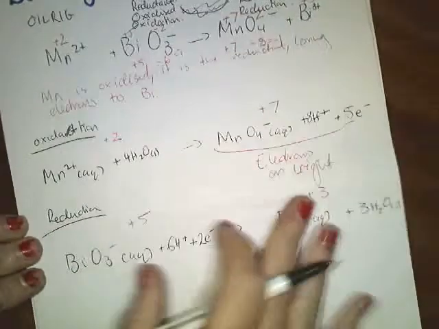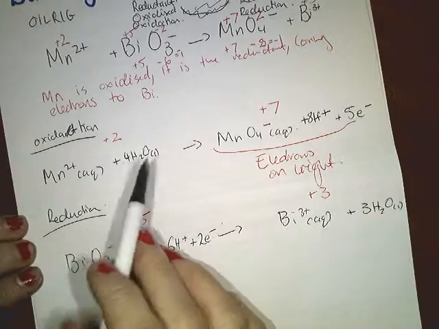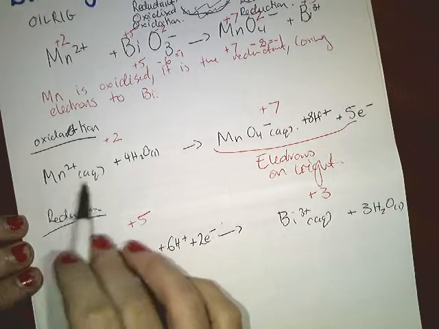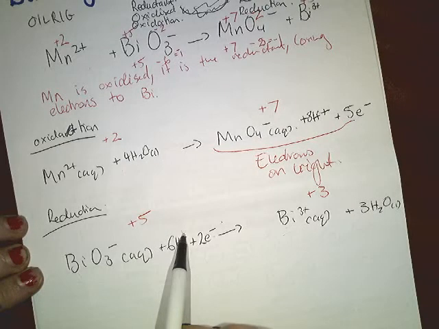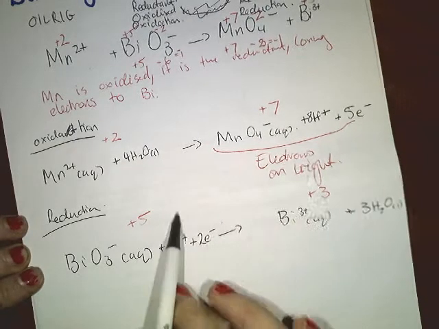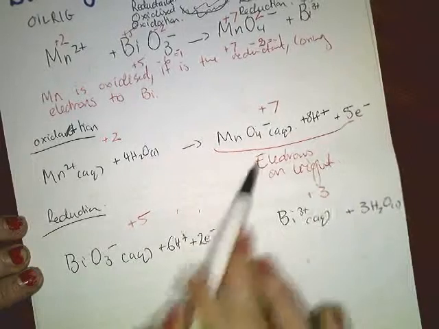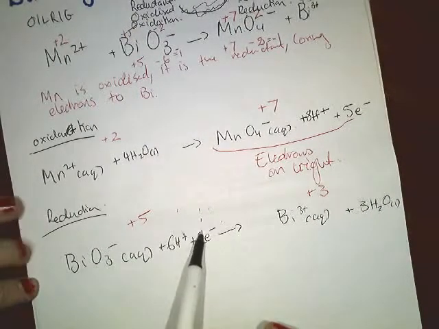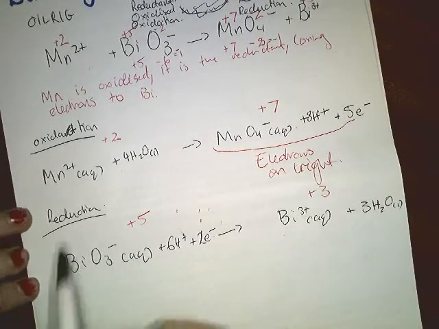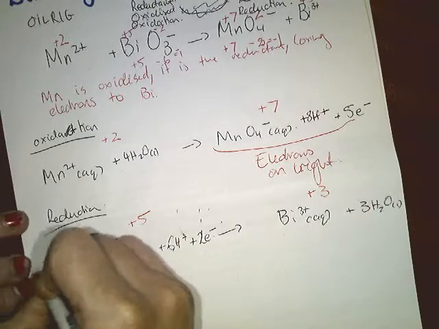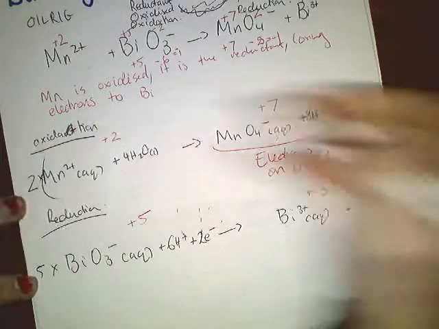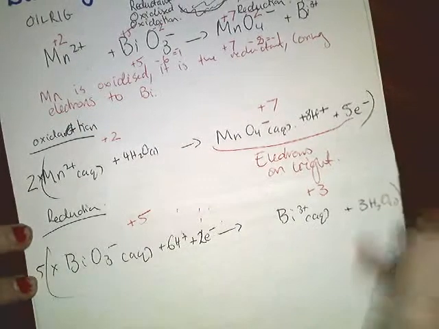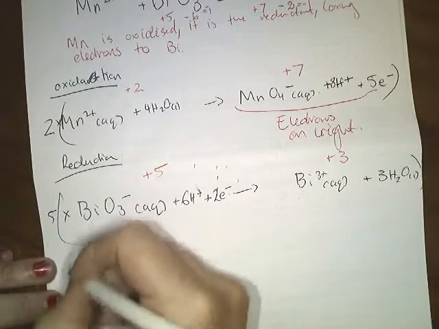Then when we provide the overall reaction, we need to make sure that the amount of electrons lost is the same as the amount of electrons gained. So the way we do that is we times them both by a factor so that they equal each other. So 2 does not go into 5, so we're going to have to times this one by 5 and times this one by 2. So we'll write it out again.